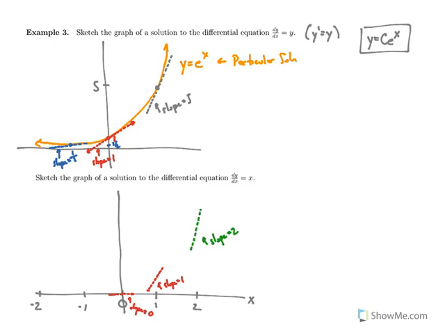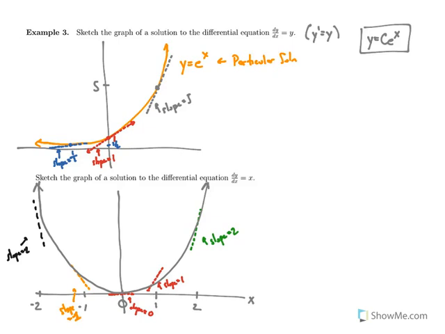At -1, the slope is equal to -1. And finally, at -2, we have slope equal to -2. And if you connect the dots here, we would get something that looks like this.